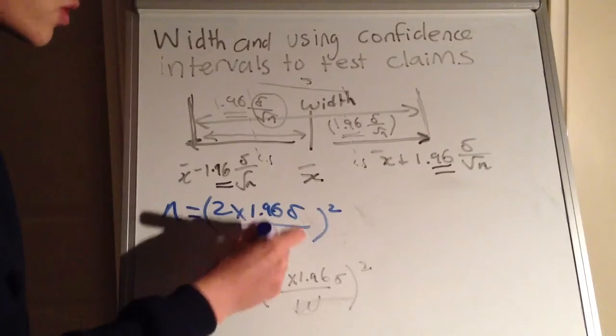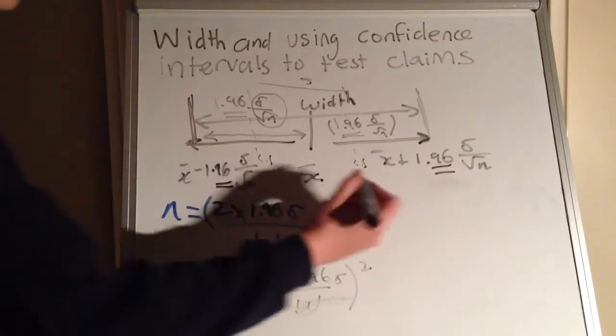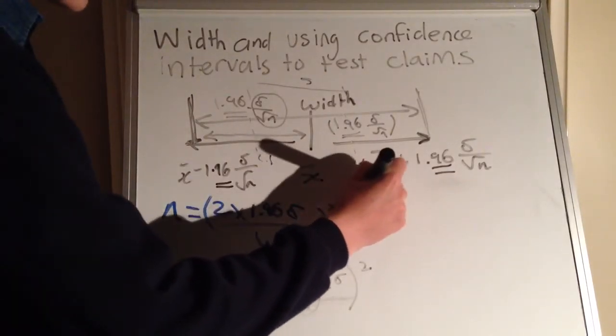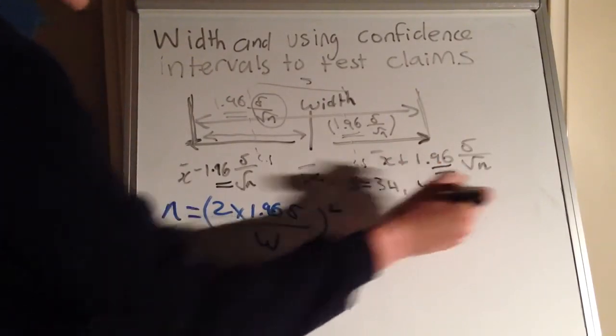Based on this question, it gives us some values. All it really needs to do is give us a value of sigma and a value for the width. So it says the population is known to have a standard deviation of 34. It's always good to write down your facts, so we know that sigma equals 34, and we want to have a width of 5, as I said before.